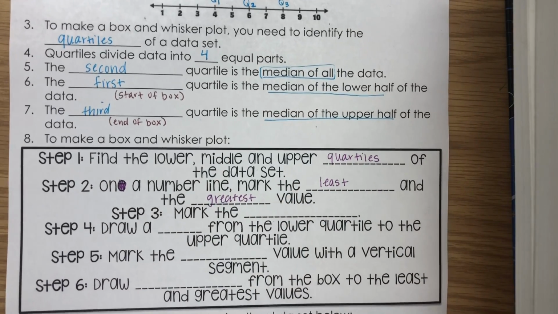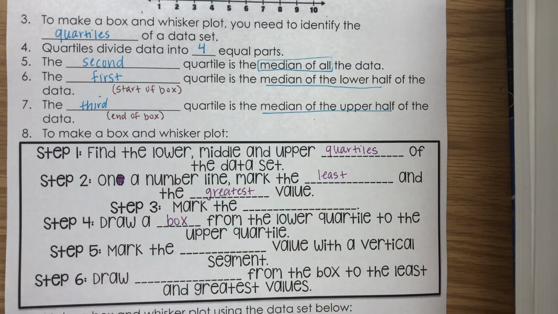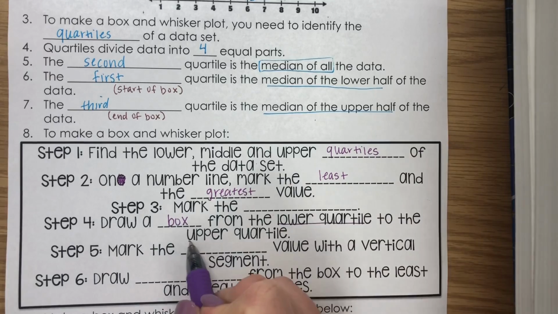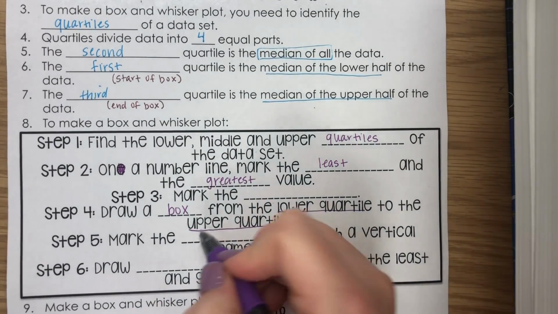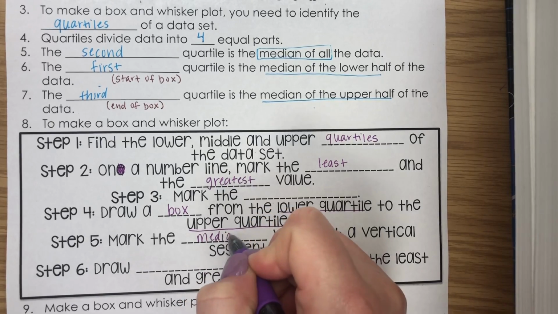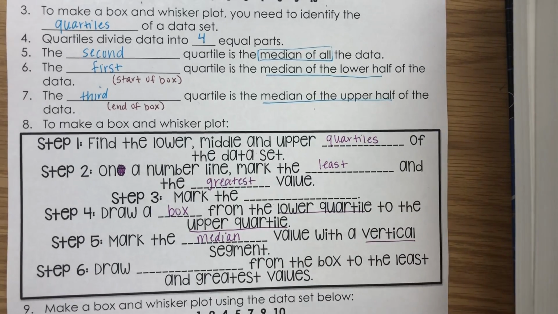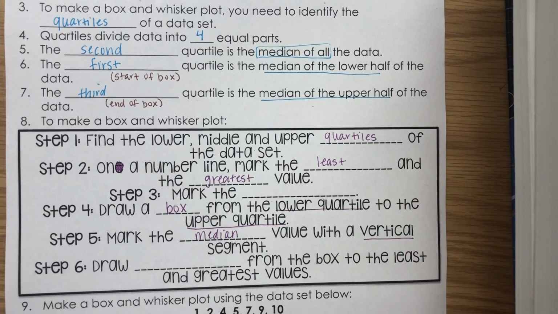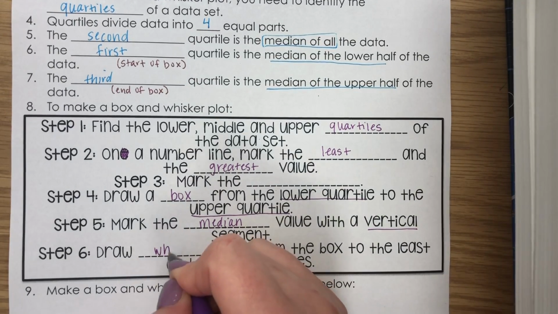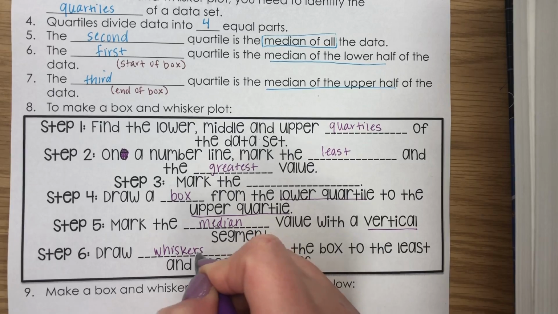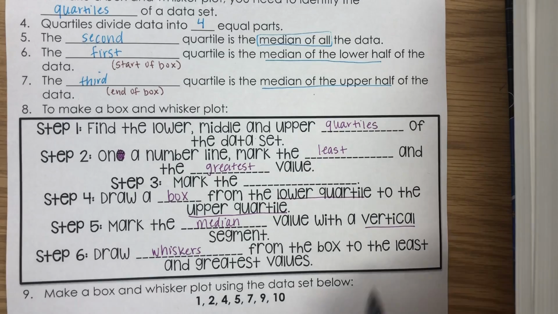Step 4, draw a box from the lower quartile to the upper quartile. Step 5, mark the median value with a vertical segment. All that means is mark it with a vertical line, a line going up and down. Step 6, draw whiskers from the box to the least and greatest values.